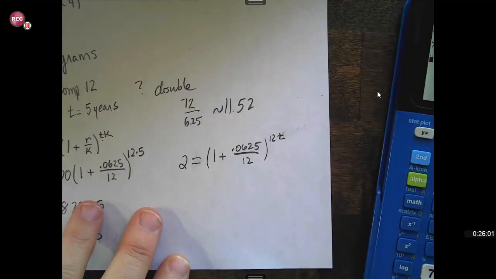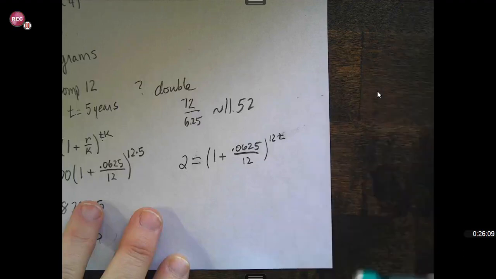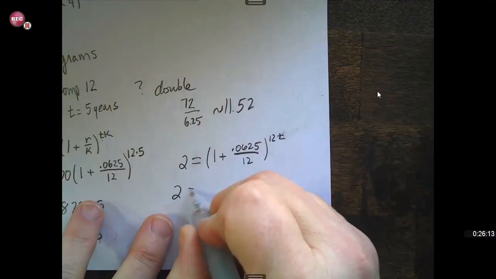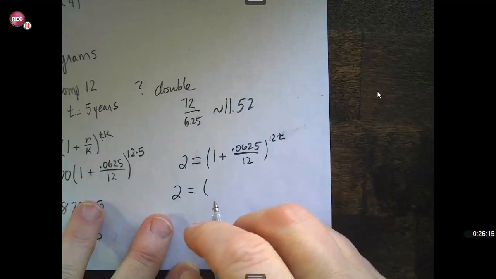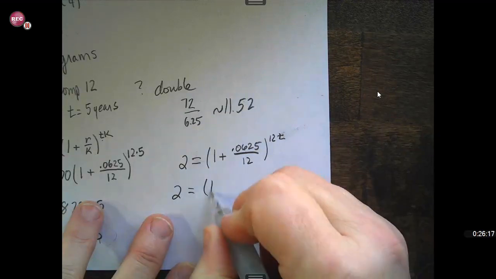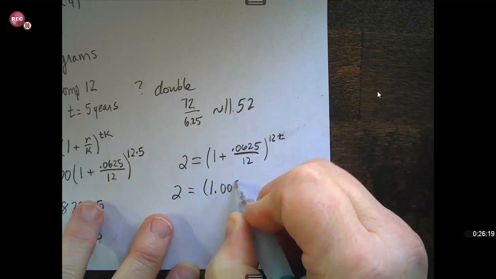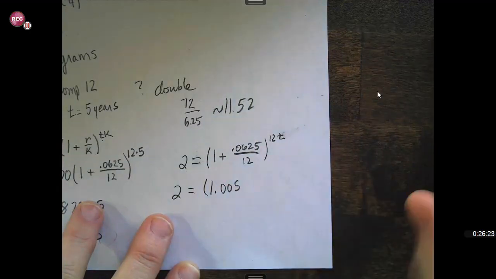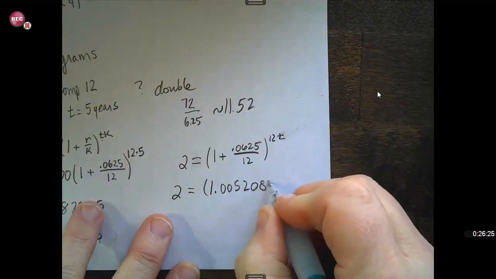So we take 1 plus 0.0625 divided by 12, and that gives us a really messy number. 1.005220833.